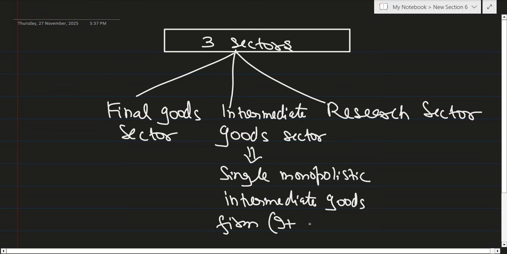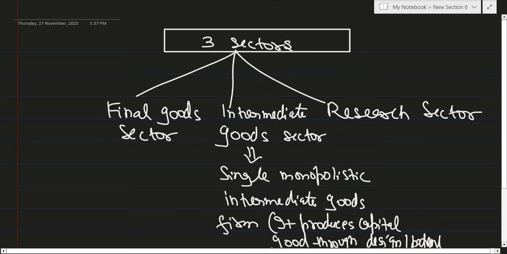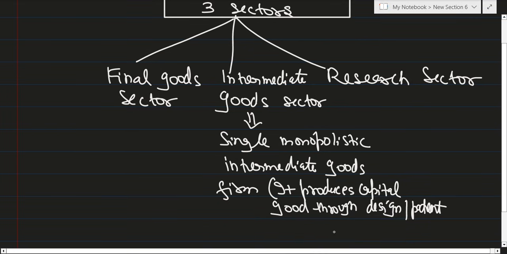What it does is it produces capital goods through a design or patent purchased from the research sector.